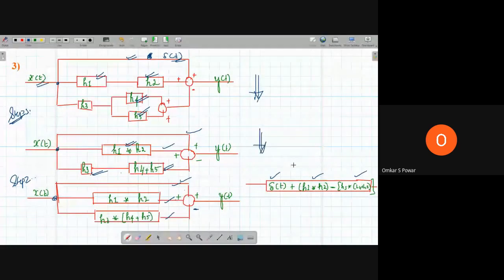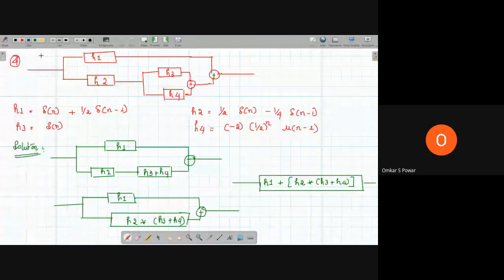Okay. Next, let us go to the next problem. In the exam, they will not ask simple problems. There will always be some twist. In signals, you can't expect direct problems at all.